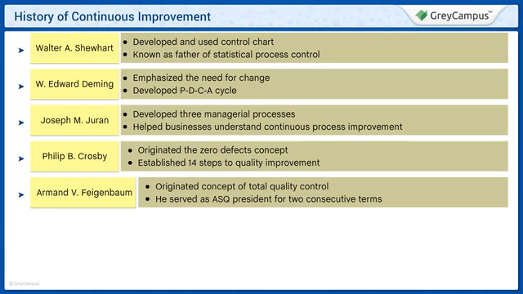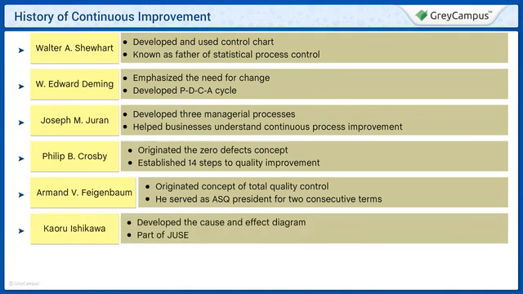Armand V. Feigenbaum originated the concept of total quality control. He lists 3 steps to quality: quality leadership, modern quality technology, and organizational commitment. Kaoru Ishikawa developed the cause and effect diagram, which is also known as the Ishikawa or fishbone diagram.